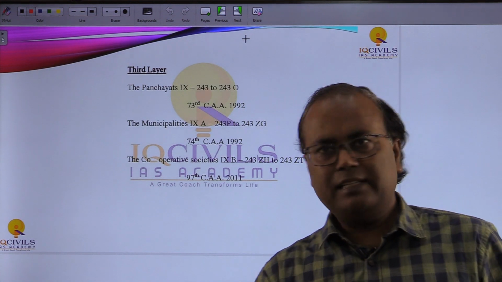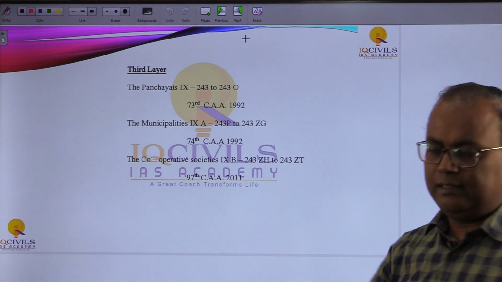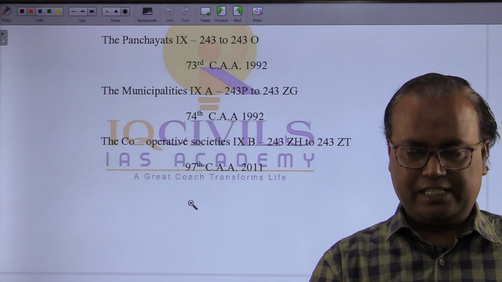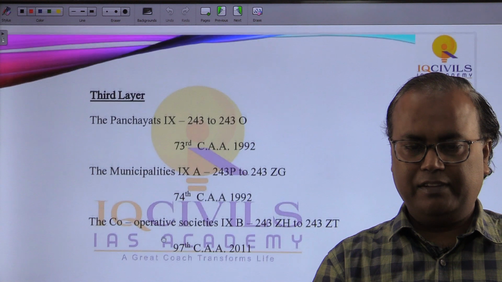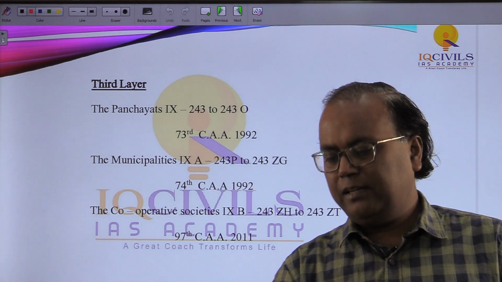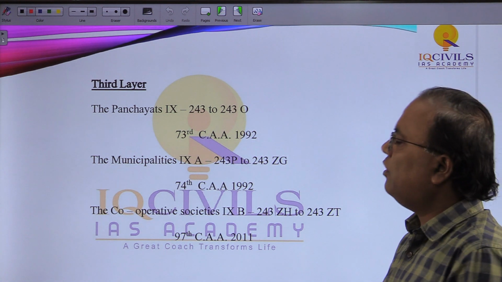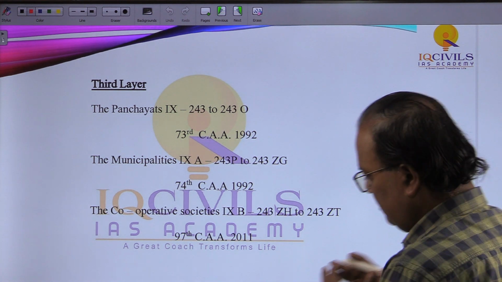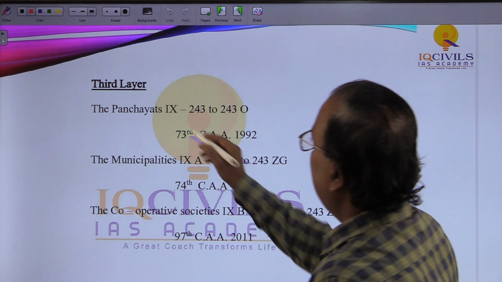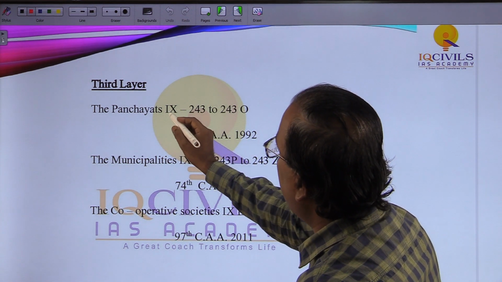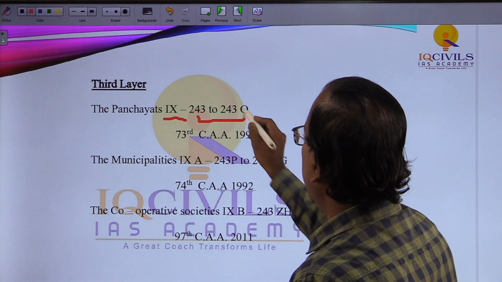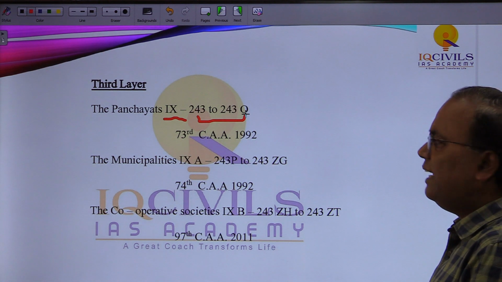One more thing, there is a third layer also. So we have the central level, the state level, and the third level, that is urban local self-government or rural self-government. The panchayat is in Part 9, from Article 243 to 243O. Got that?